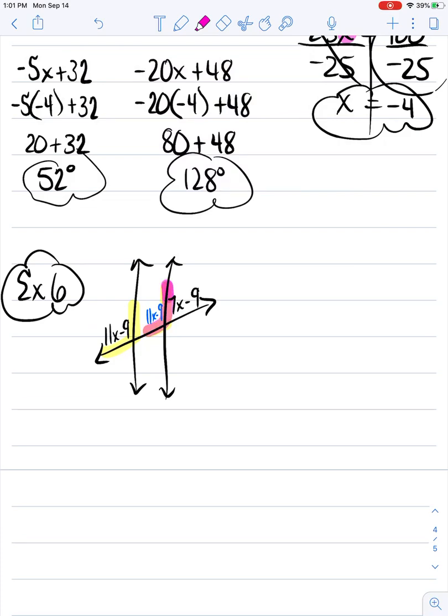I notice that this angle and this angle are right. They are not right, I'm sorry, straight angles. So I'm going to add them together, 11x minus 9 plus 7x minus 9, and set them equal to 180 degrees. Now let's just do that like normal. So first I need to combine like terms.